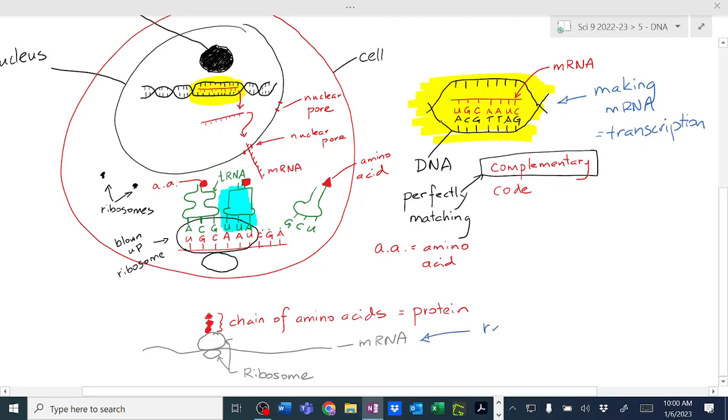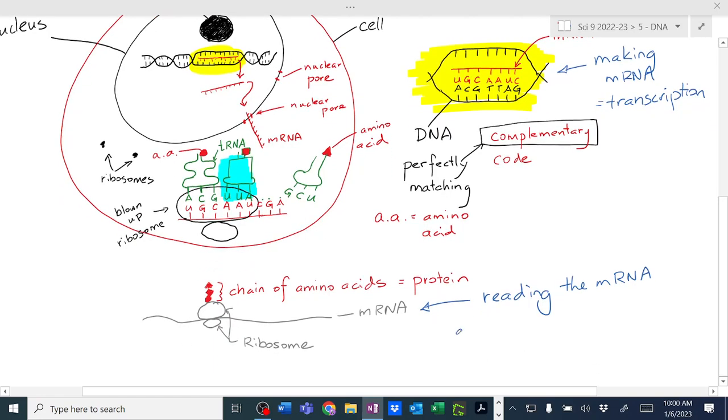If we are reading the mRNA and assembling the amino acids into a protein, that's translation.